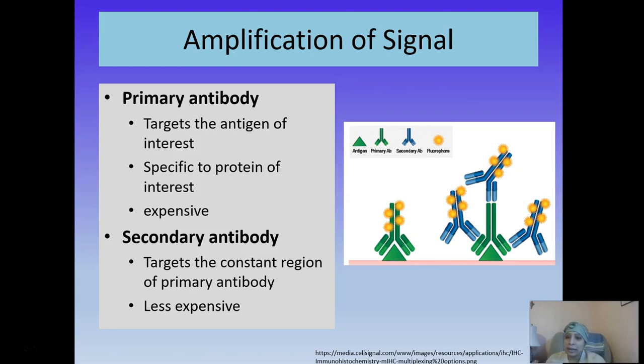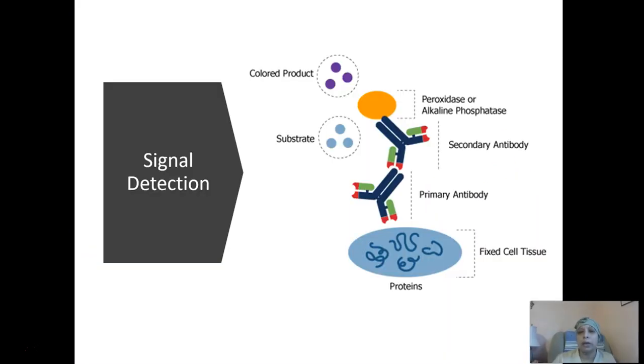So by using the secondary step, which is going to target that constant region of your primary antibodies, and is much less expensive, you can add whatever fluorophore, whatever color detection method, HRP, horseradish peroxidase, whatever detection method you want onto it, that is going to bind to all the constant parts of it, right? It's just kind of a polyclonal mix that way. So it's going to bind everywhere on that constant region. You're going to get enhancement of signal. So now instead of just having one primary antibody attached, you have multiple molecules attached to it.